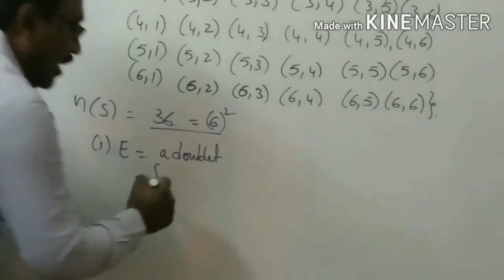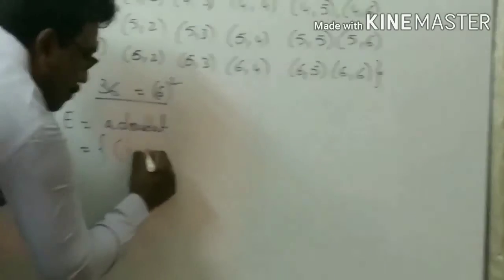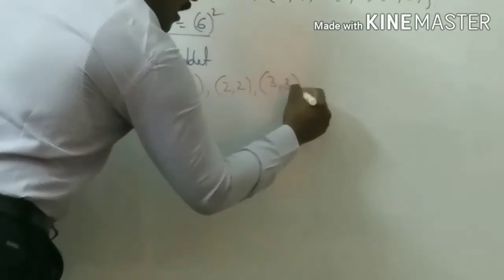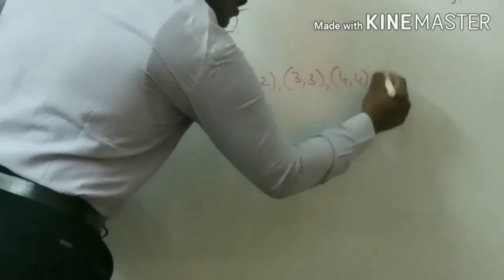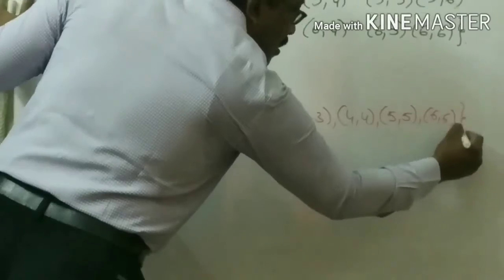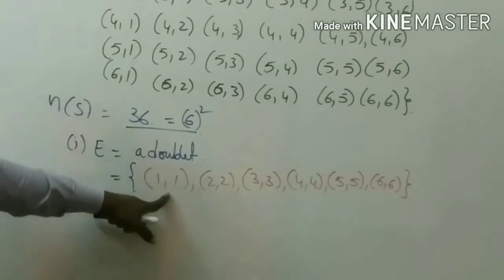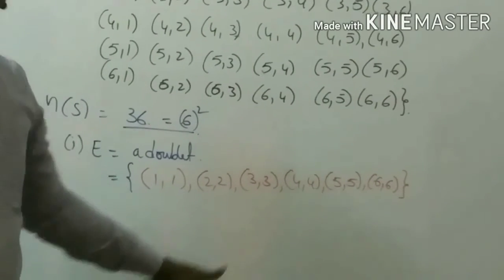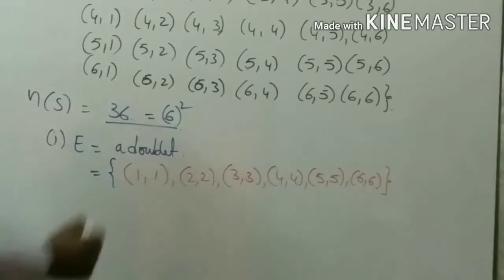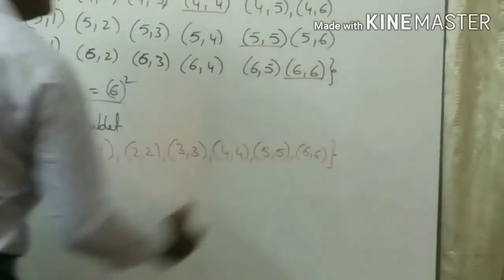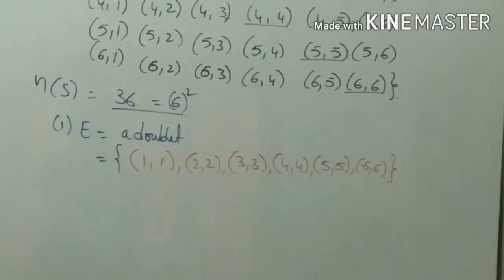If it is a doublet, the numbers that may come are 1,1; 2,2; 3,3; 4,4; 5,5; 6,6. Both numbers are the same. These are called doublets.